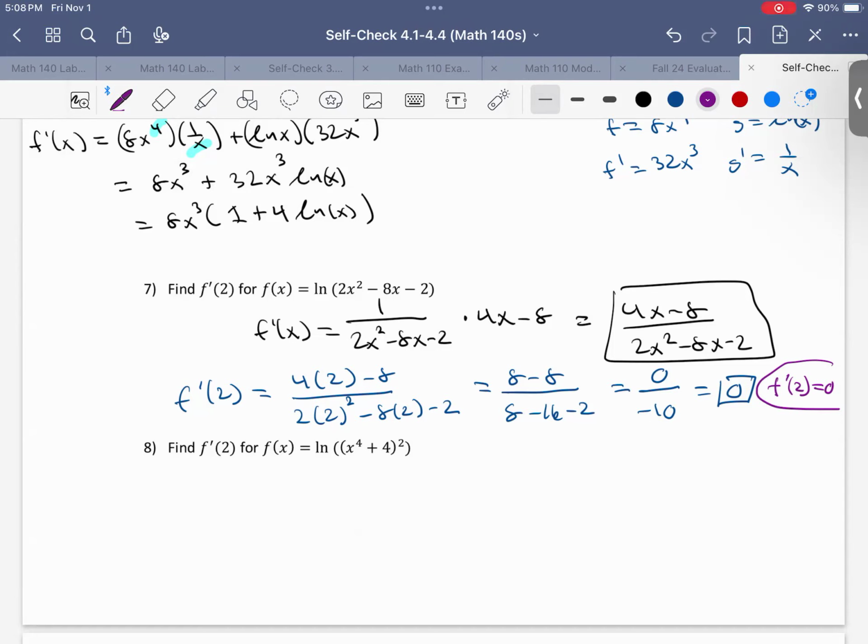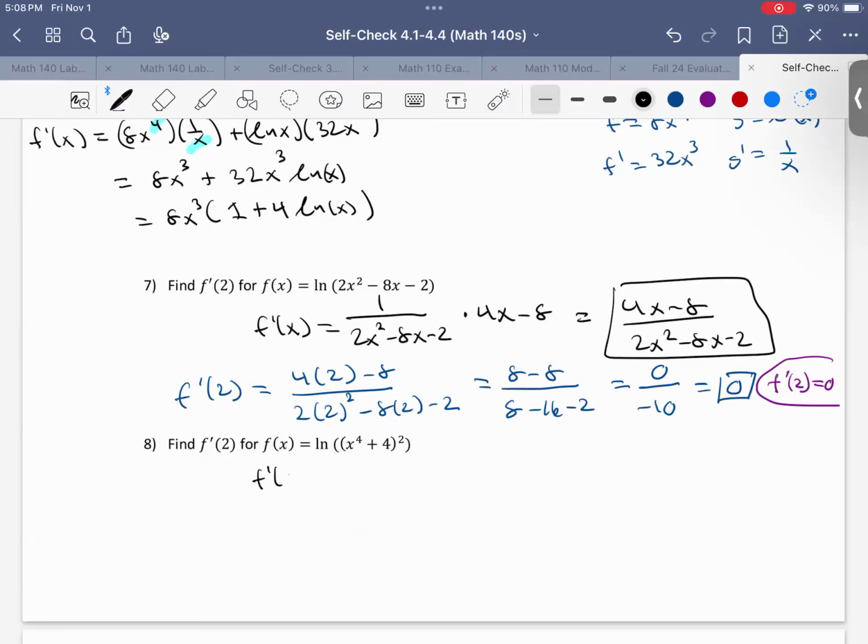So now number 8 is we want to find the derivative evaluated at 2 again, but for a different function, natural log of x to the fourth plus 4 squared. For this, we also need to find the derivative first. So the derivative of this function would be 1 over x to the fourth plus 4 all squared.